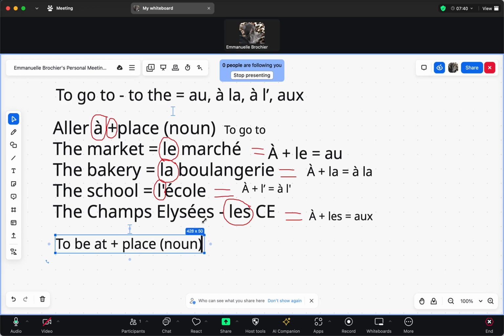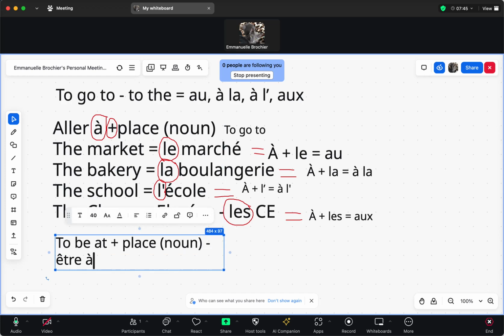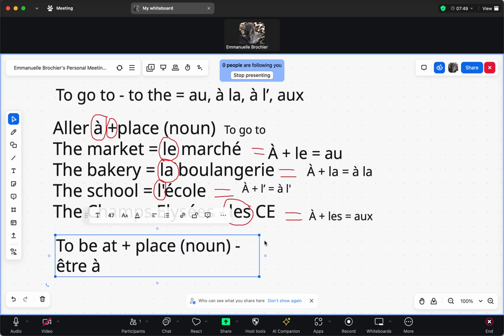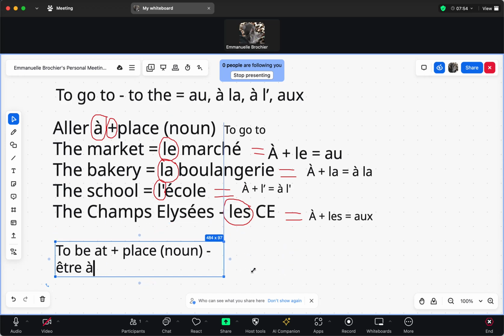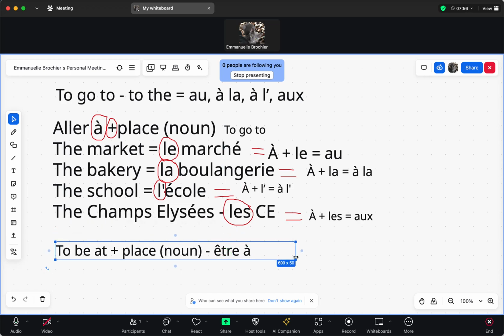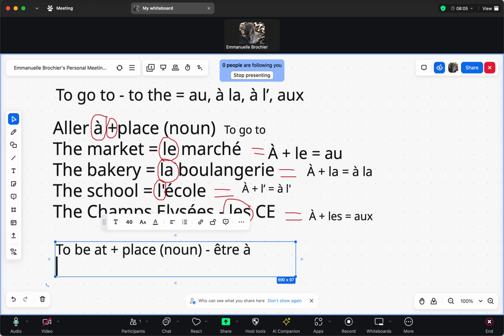We're gonna have être à, the same. So we have the same idea. So if we have, let's say, je suis à plus le marché, we're gonna have au marché. Je suis au marché.